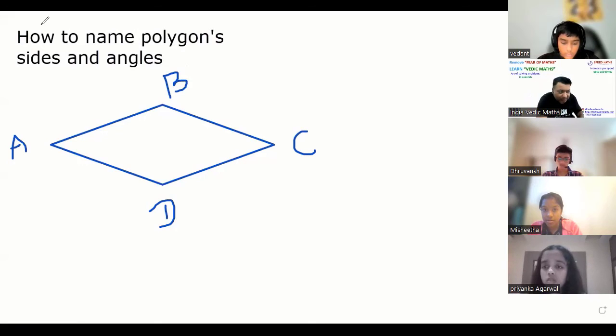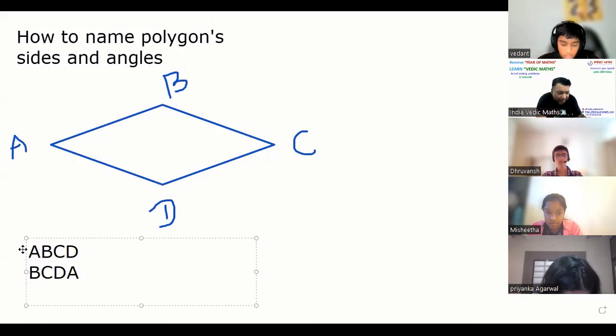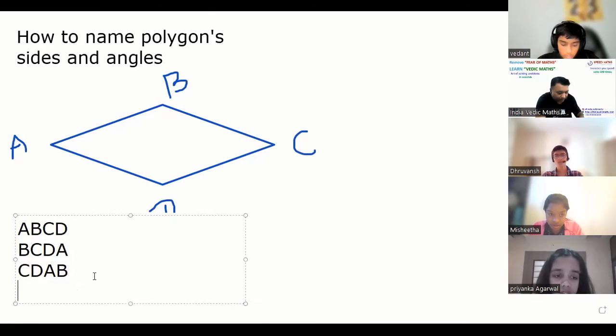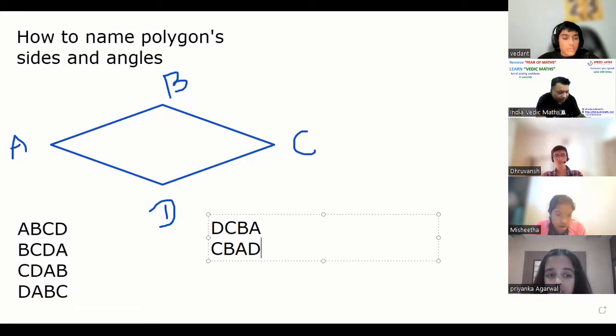But how to name it: you will say A, B, C, D, or you can say B, C, D, A, or C, D, A, B, or D, A, B, C. Or there are so many names, or you can say D, C, B, A, or C, B, A, D, or B, A, D, C.